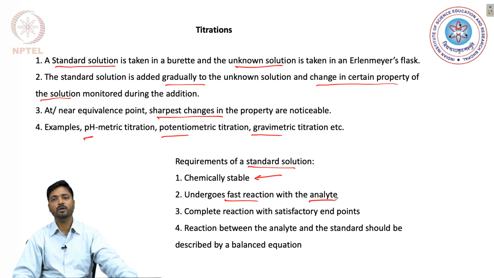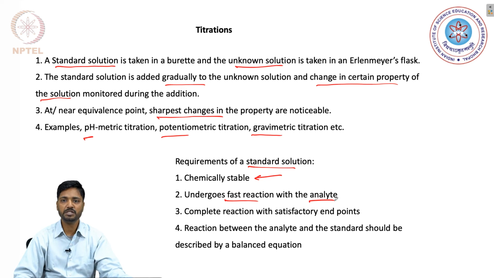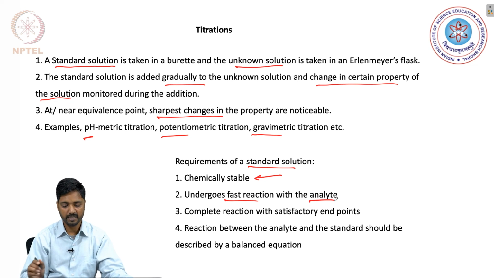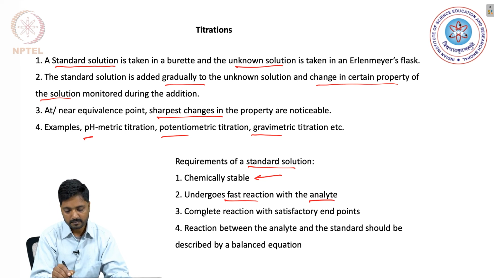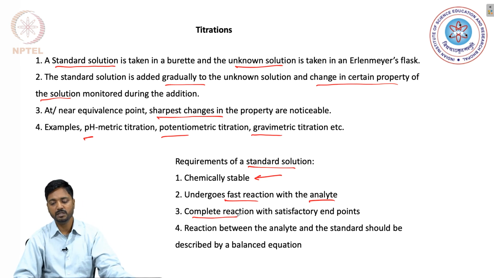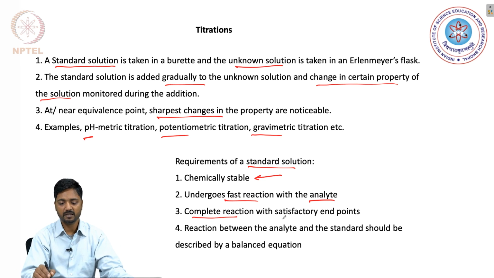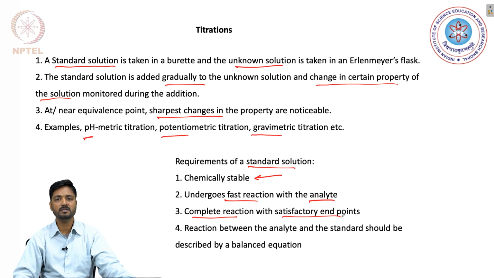Now we also need that the reaction between the analyte and the standard goes to completion with satisfactory endpoints. That means the reaction should be in some senses stoichiometric, and we should have a clear endpoint, and the endpoint should be noticeable through a change in property.